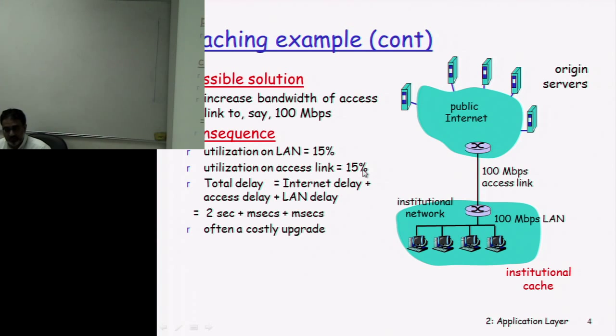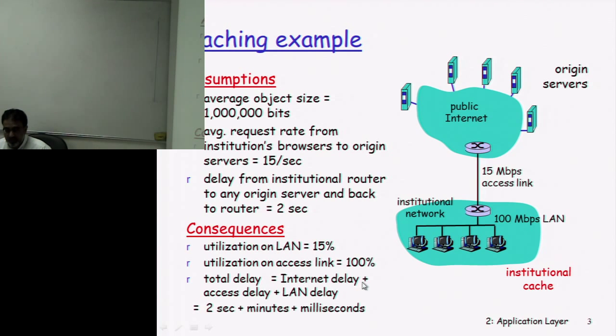In this case, the total delay, do remember it, is the internet delay plus the access delay plus the LAN delay. Internet delay is here, access delay is here, and the LAN delay is here, because these are three areas, or three networks, where delay could occur: one on the LAN, one on the access link, and one over the internet.